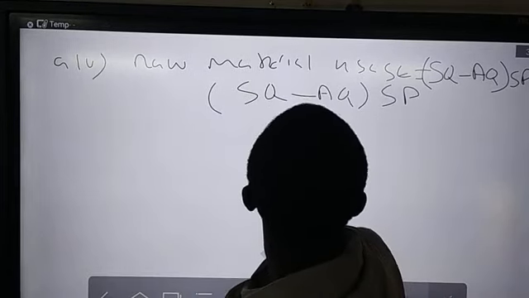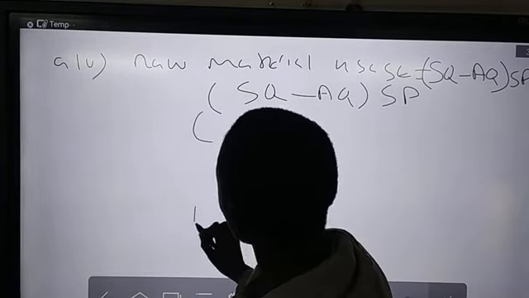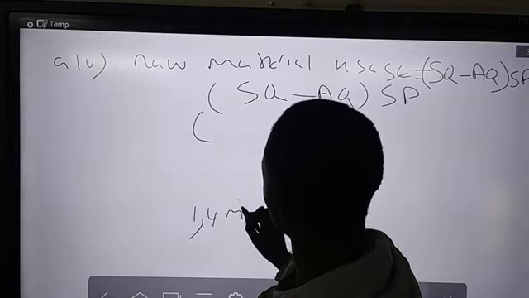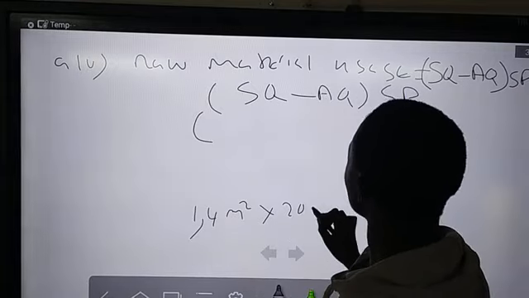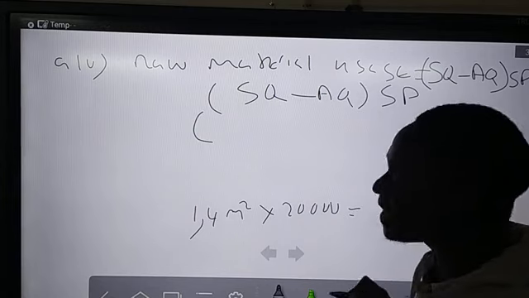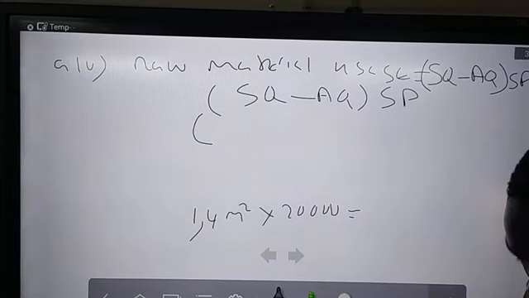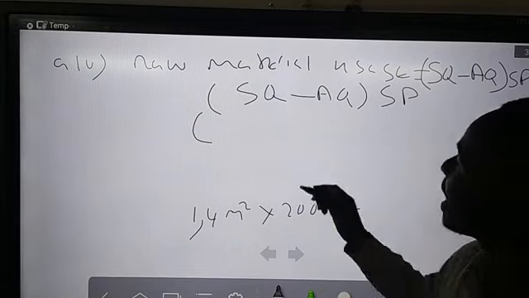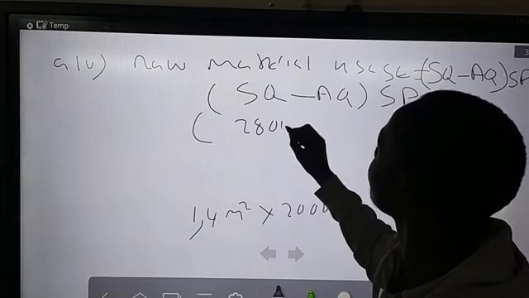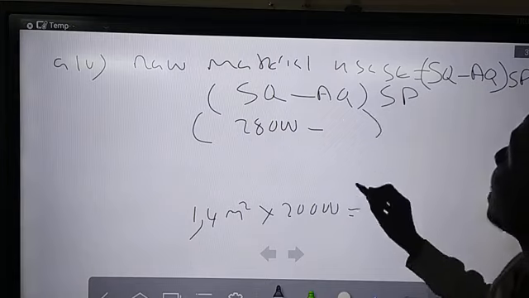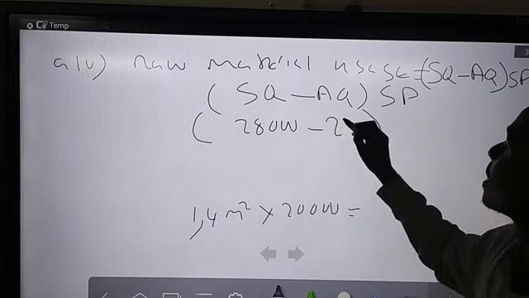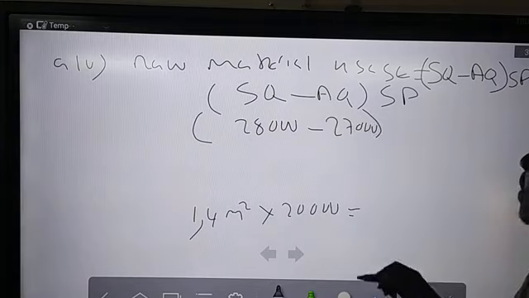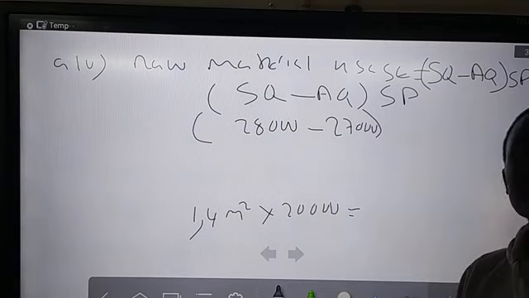Our SQ is now 1,4 meters squared times 20,000. That's how you get the one which is flexed. So it's 1,4 times 20,000, which gives us 28,000, minus the actual quantity which I've shown you is 27,000, then times standard price.